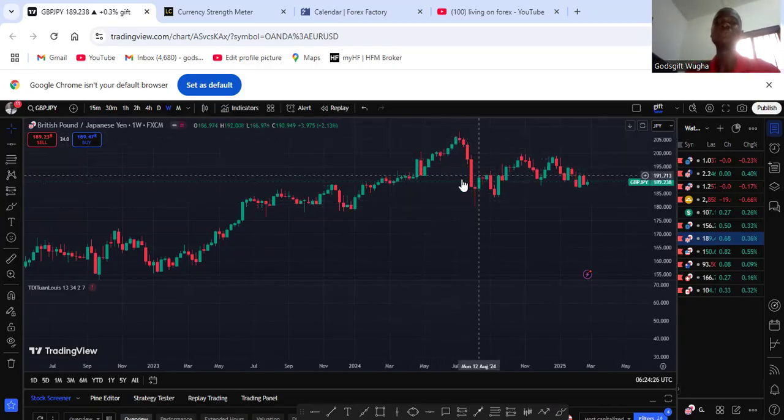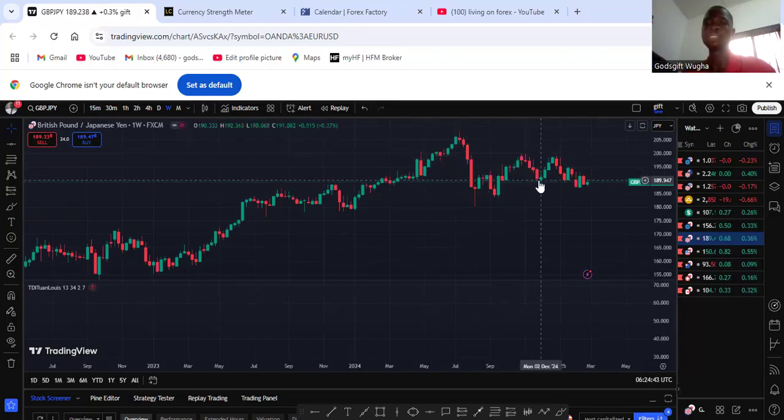Now this rest took out this low, and it took out this other low. When you see this, the next time it made a move, it could not do anything serious. Look at the small candle. It rested, it could not do anything, it rested more. Now it pulled up, rested, pulled, and rested more. So as it's going up, the buying pressure is weakening.